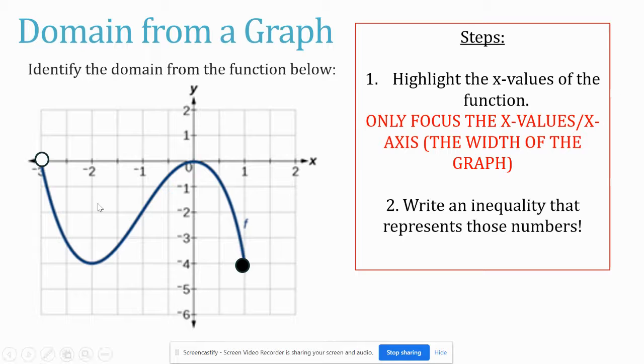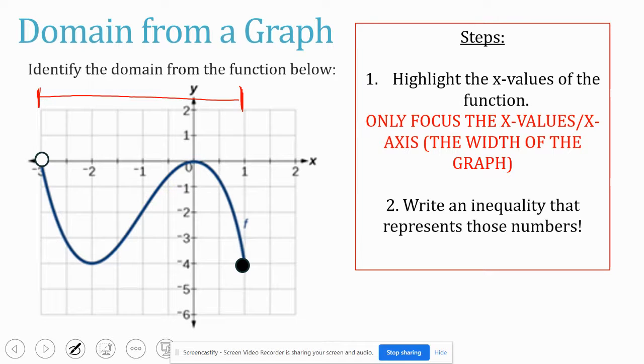So when I say highlight the x values, what I do is I go from the end point, which is over here. So I know we're going from here to our starting point, I guess, to our end point, which is right here. So remember, I'm only looking at these x values. So this is how wide this graph is.